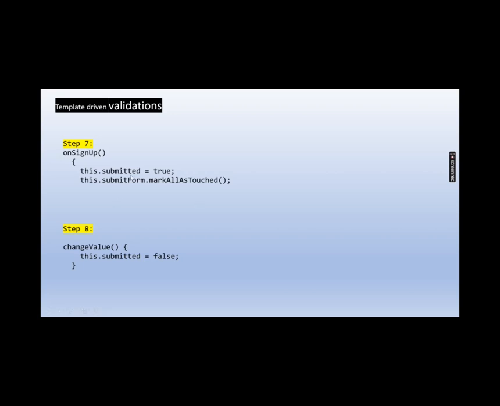So we have to use this.submitForm.markAllAsTouched. Next, the last value, change value. Suppose the user has not entered any value, then it should become false only. If the user has entered all the values properly, then this.submitted becomes true. If the user just visited that field and did not enter any value, then that should become false.